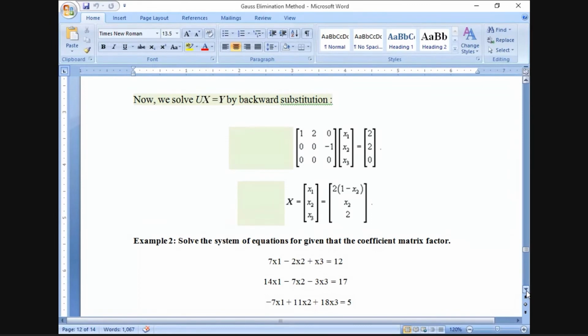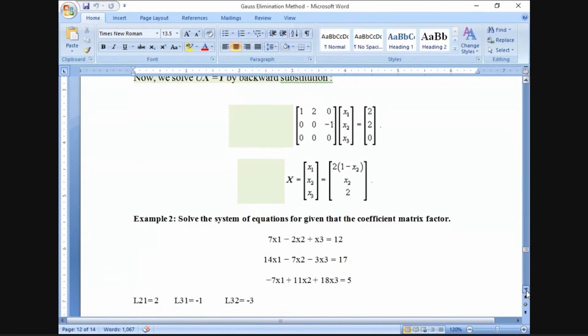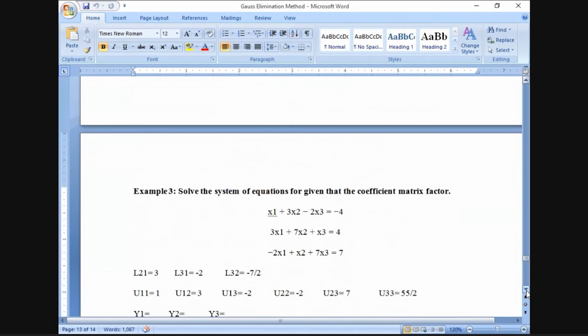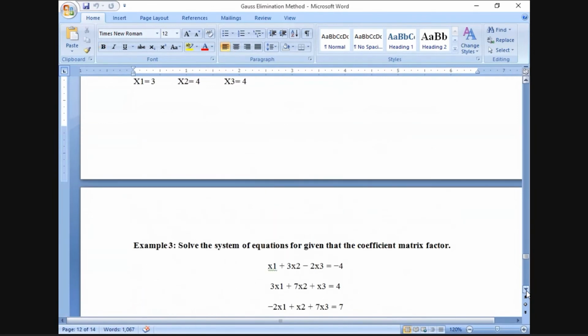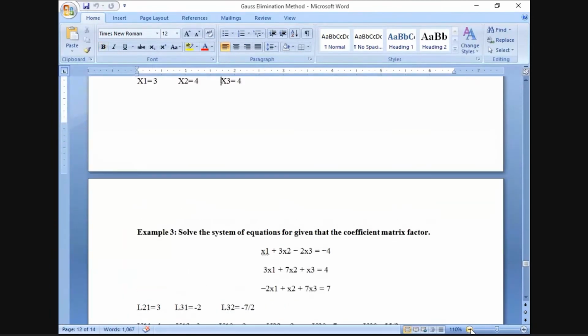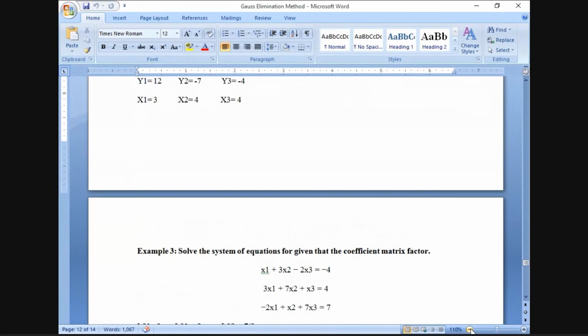Okay, so this one is an example for you for practice. And okay, these are also sets of equations.